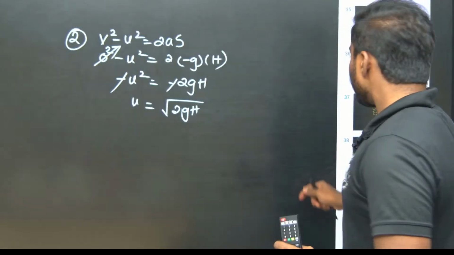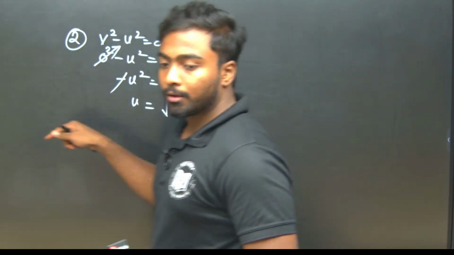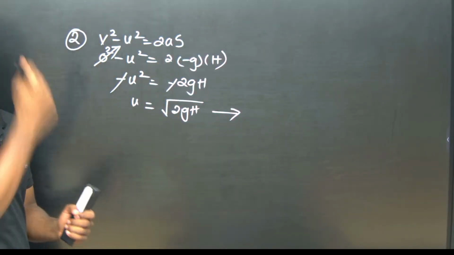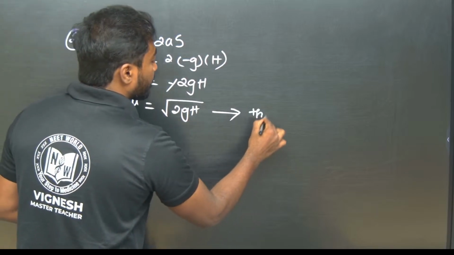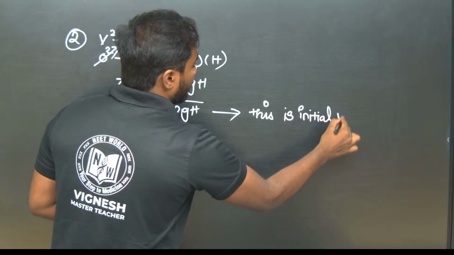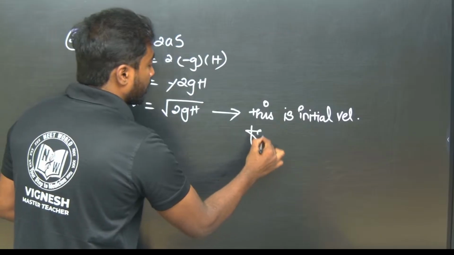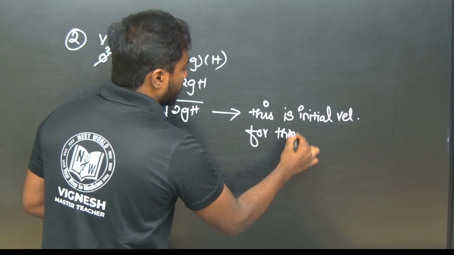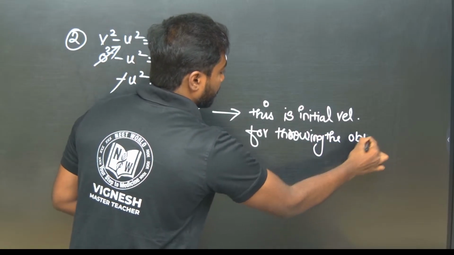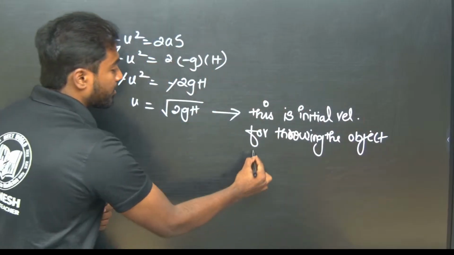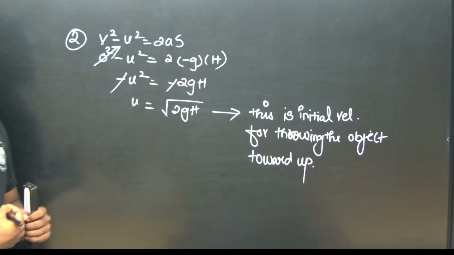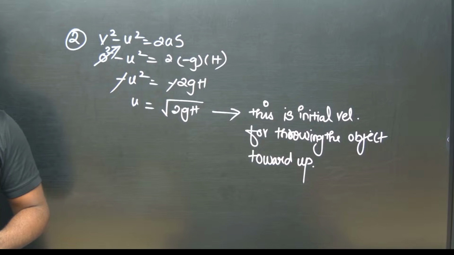This is the initial velocity for throwing the object towards up, right? Now done.